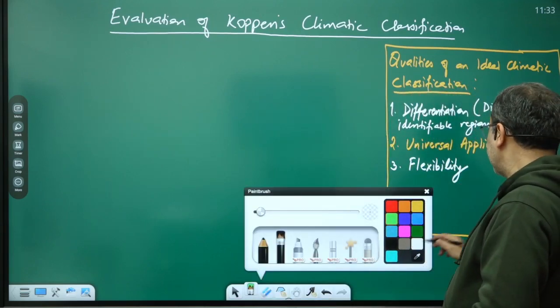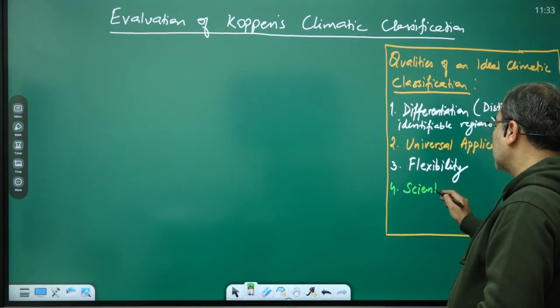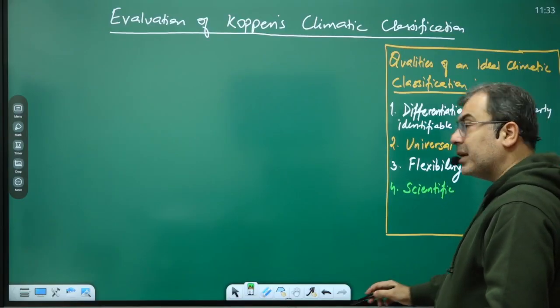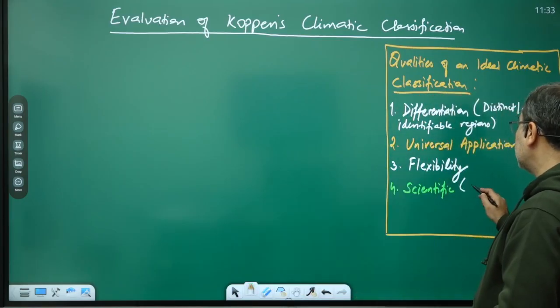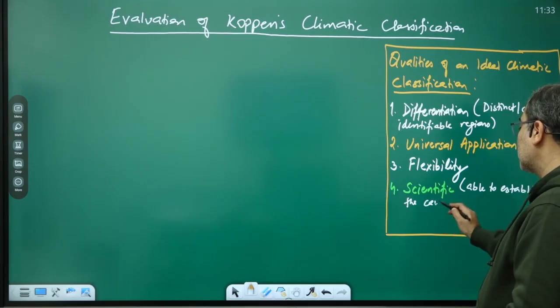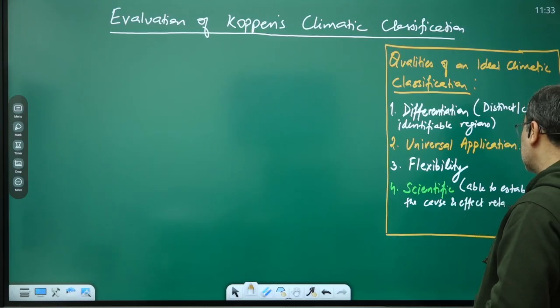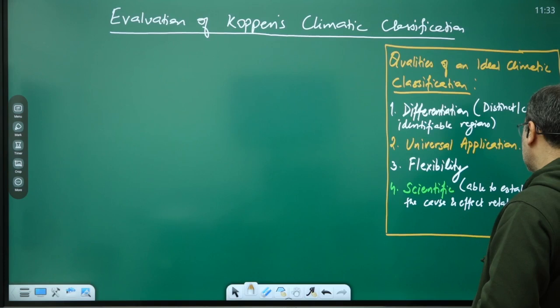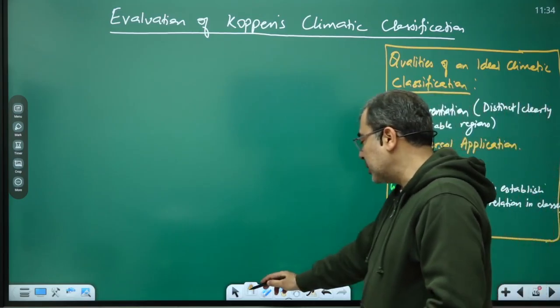And fourth is it should be scientific. It should be able to establish the cause and effect relation in classes, those categories. Why is this category this and that? That should be there.